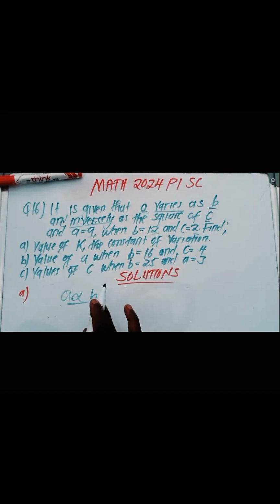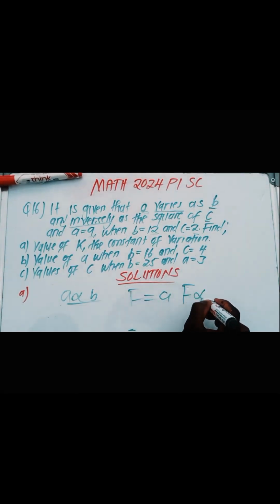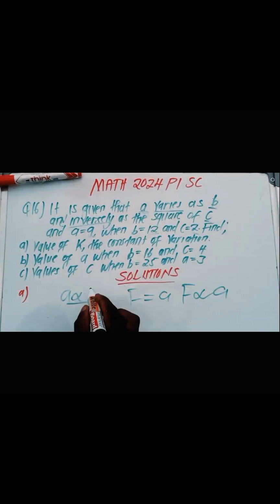You remember in physics we say that force is directly proportional to acceleration. This is the expression we use to denote that. In the same manner, when we say A varies directly as B, we have to write it in this way.